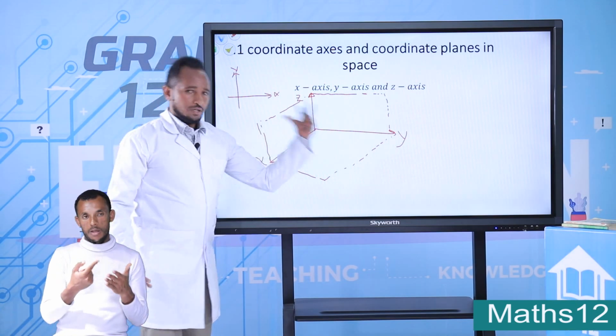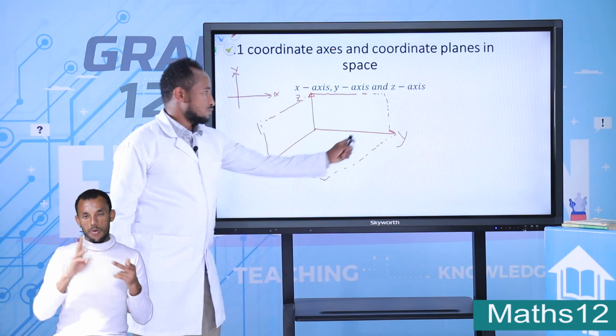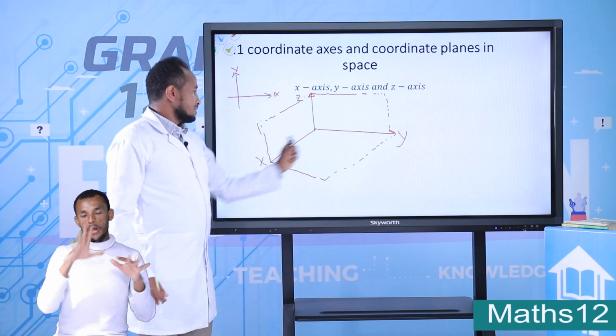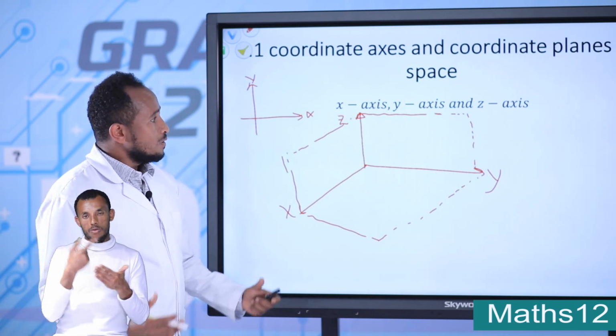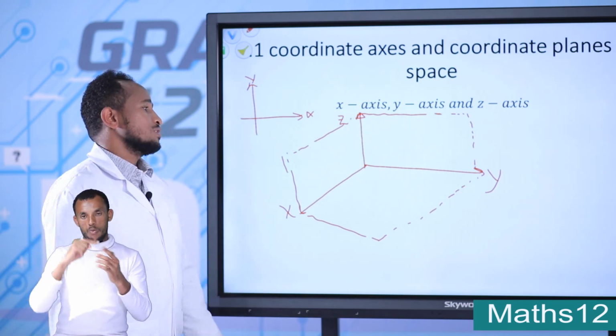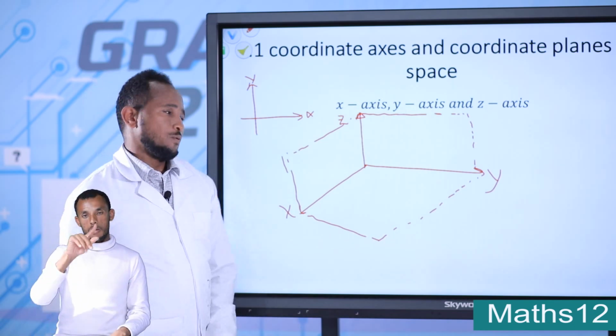So these are the coordinate planes in space. We have the xy plane, zy plane, and xz plane. Next to this, we'll try to locate points in this space.